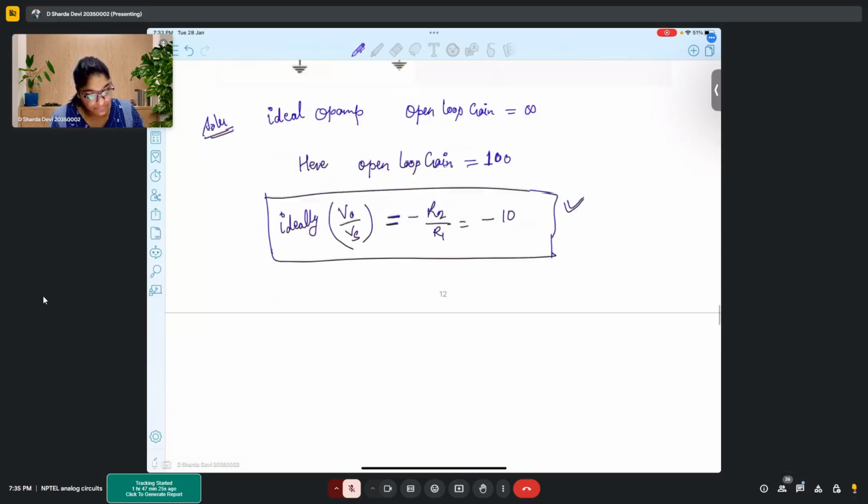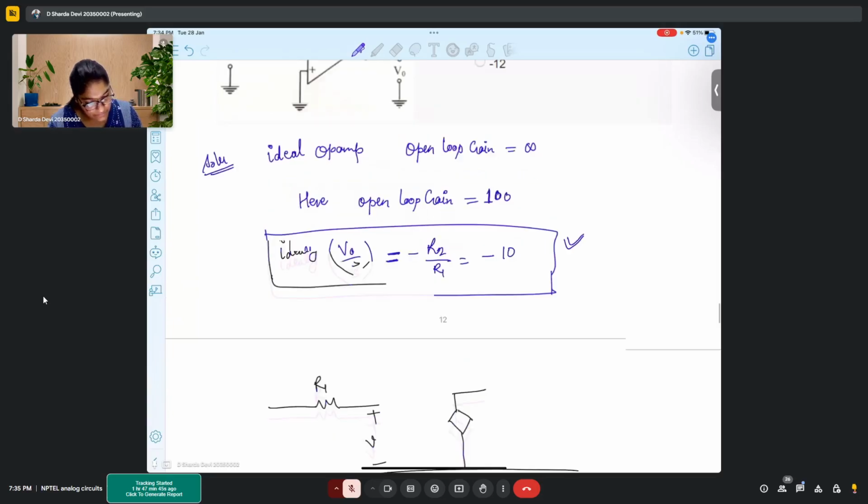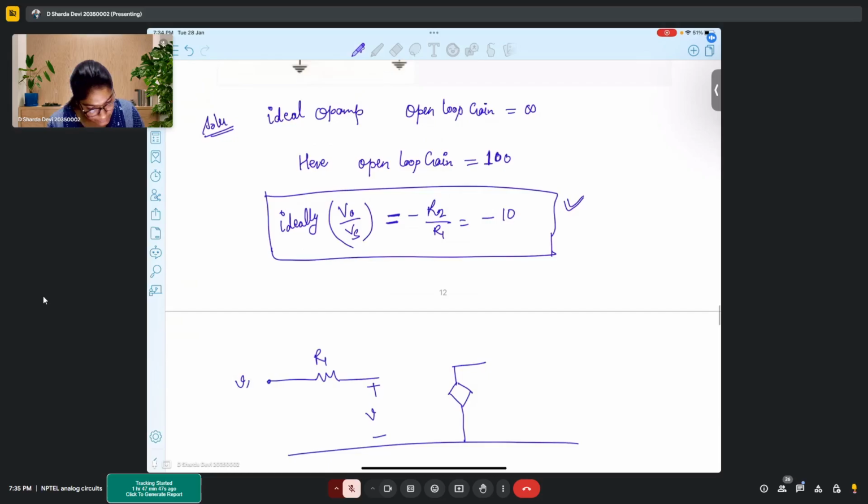So here we will try to draw a small signal equivalent of this particular op-amp. Here you have Vs, let's say this is Va. What we get here is 100 times Va.